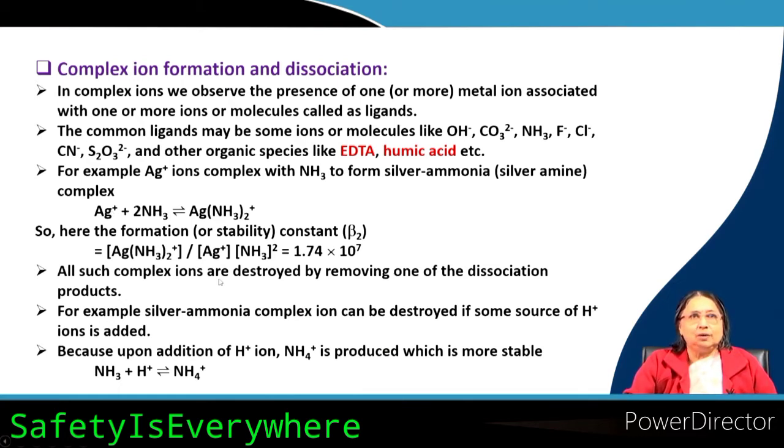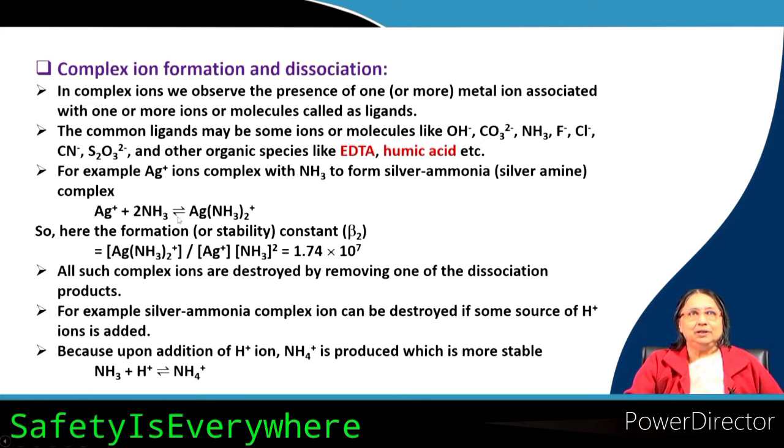All such complex ions are destroyed by removing one of the dissociation products. This is the dissociation product; when the complex dissociates, it forms this one. If you can remove one of the dissociation products, the reaction will go toward the backward direction. For example, the silver ammine complex ion can be destroyed if some source of H plus ion is added, because upon addition of H plus ion, NH4 plus is produced, which is more stable.